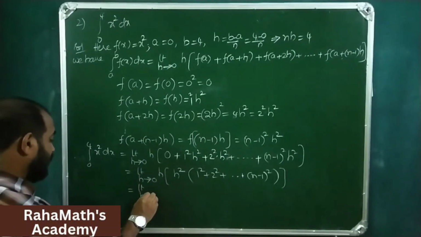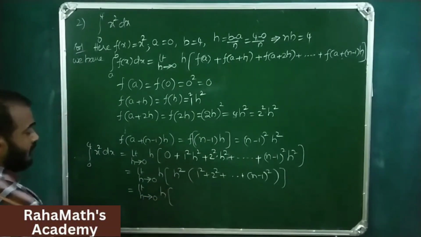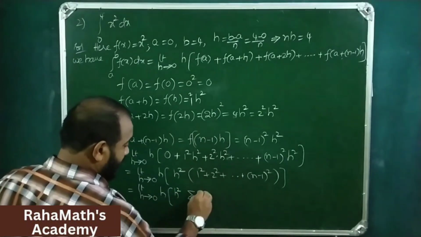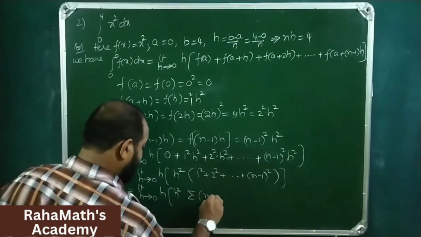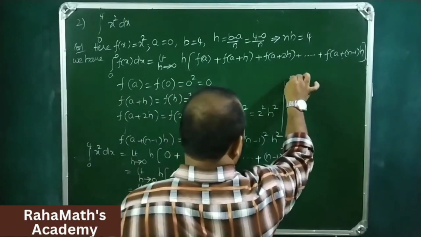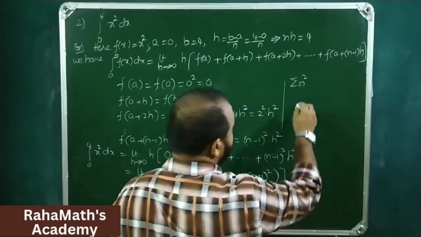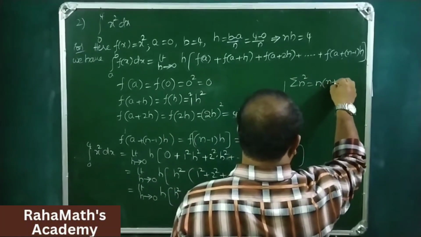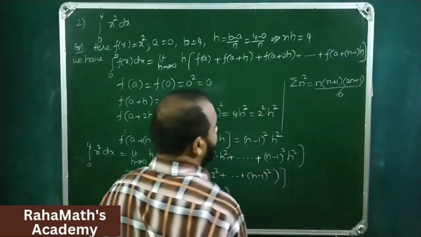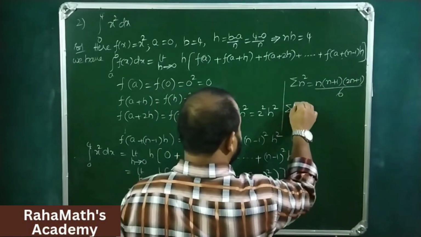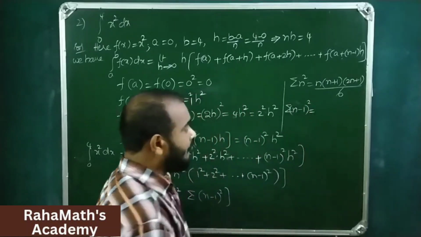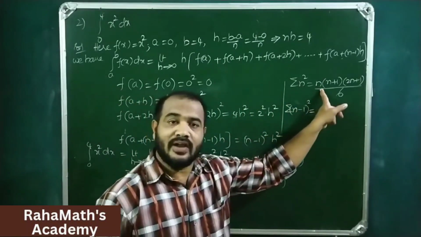That is the limit h tends to 0 of h into h square into the sum of squares of n minus 1 terms. We know sigma n square, the sum of squares of n terms, is n into (n plus 1) into (2n plus 1) by 6. But here sigma n square means sigma (n minus 1) whole square, so wherever you have n, simply substitute n minus 1.